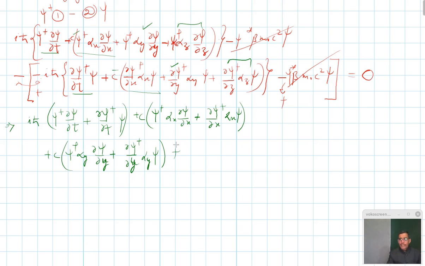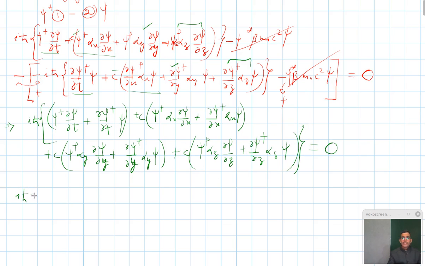Plus, now I can write down that c is psi dagger alpha z curly psi over curly z plus curly psi dagger over curly z alpha z psi, right? These two can be put together, and this is equal to 0.